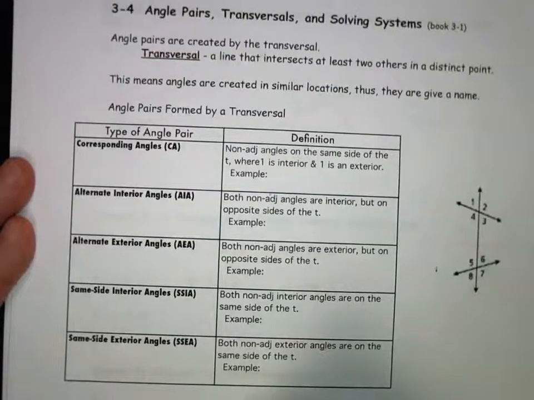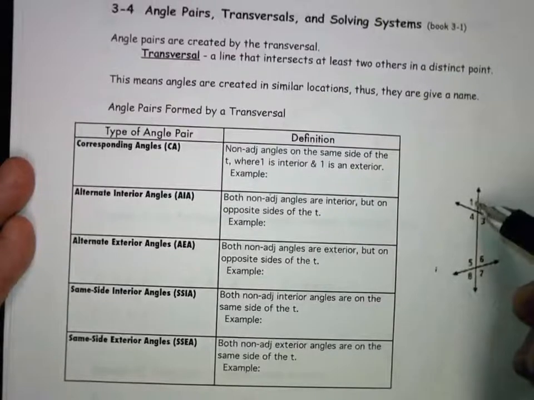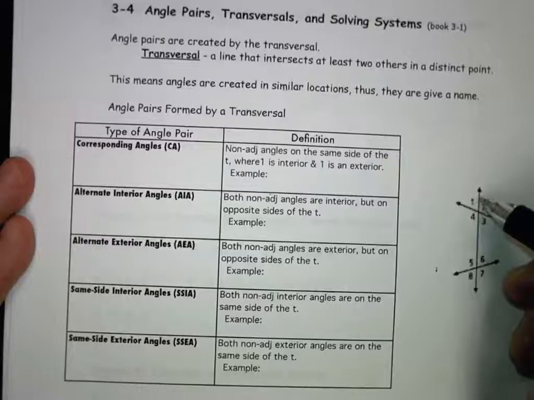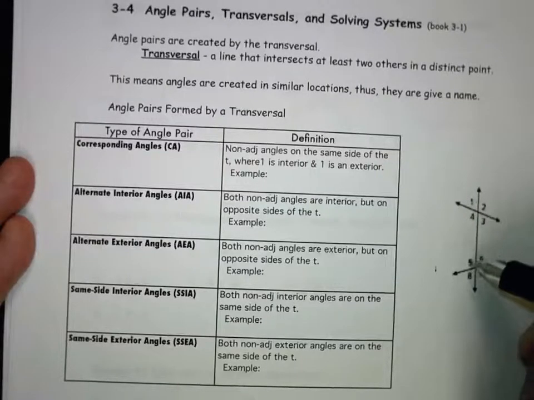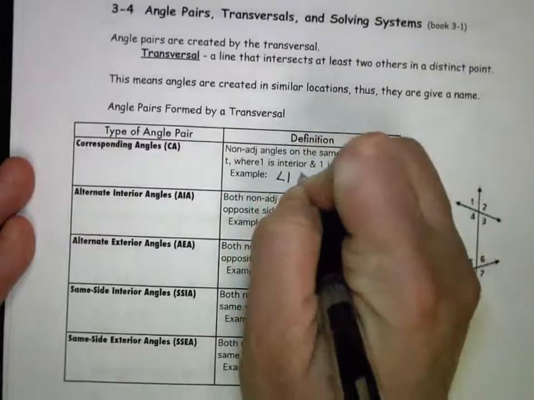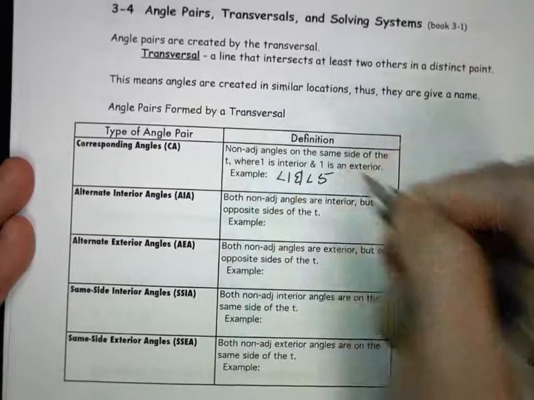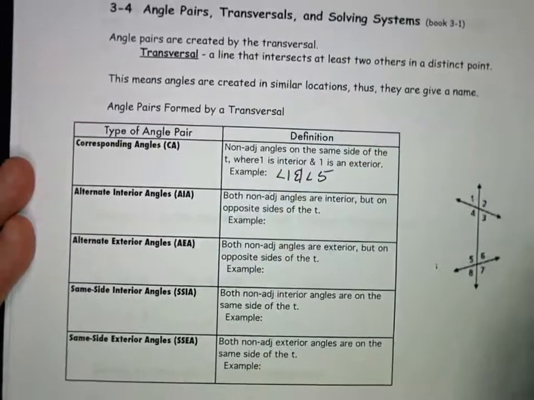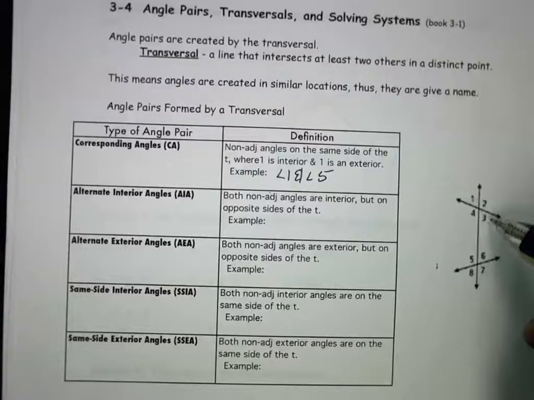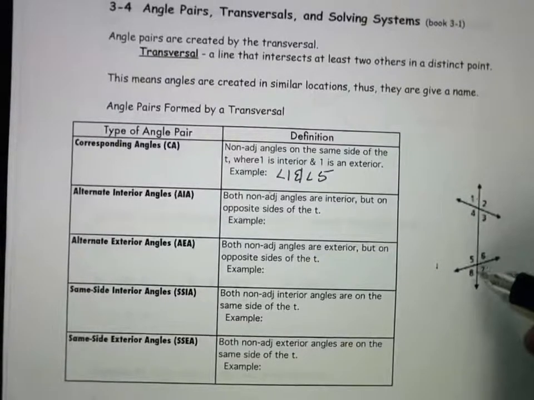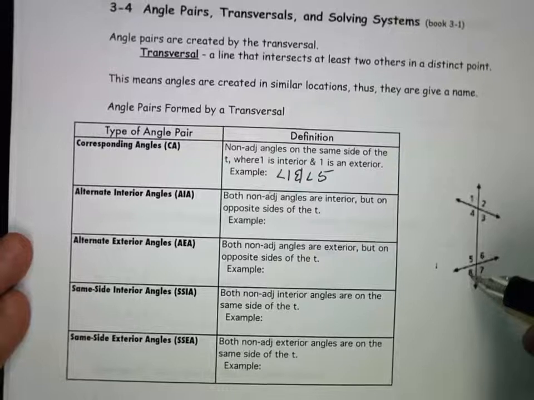Upper left, upper right, lower left, lower right. Angle 1 right here is in the upper left hand corner, and angle 5 is in the upper left hand corner. So those are corresponding angles. Angle 2 corresponds with angle 6. Angle 3 corresponds with angle 7. And angle 4 corresponds with angle 8.